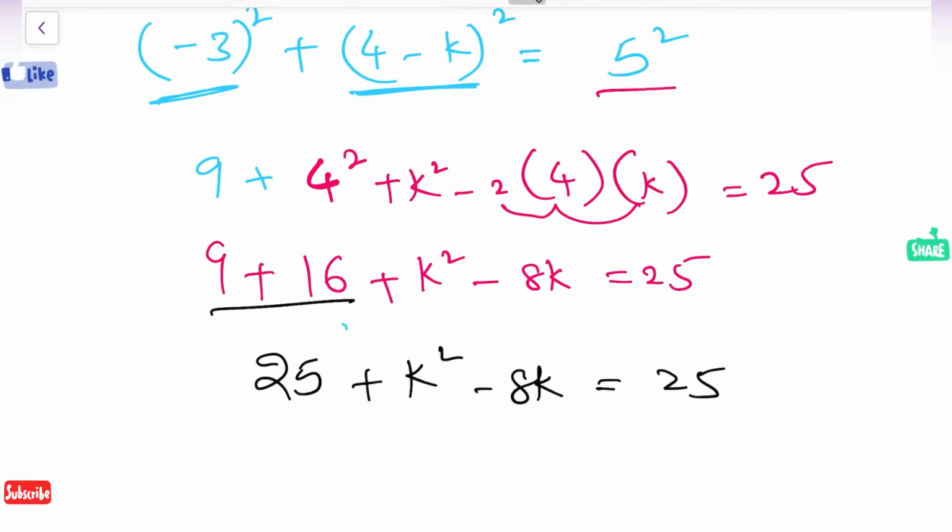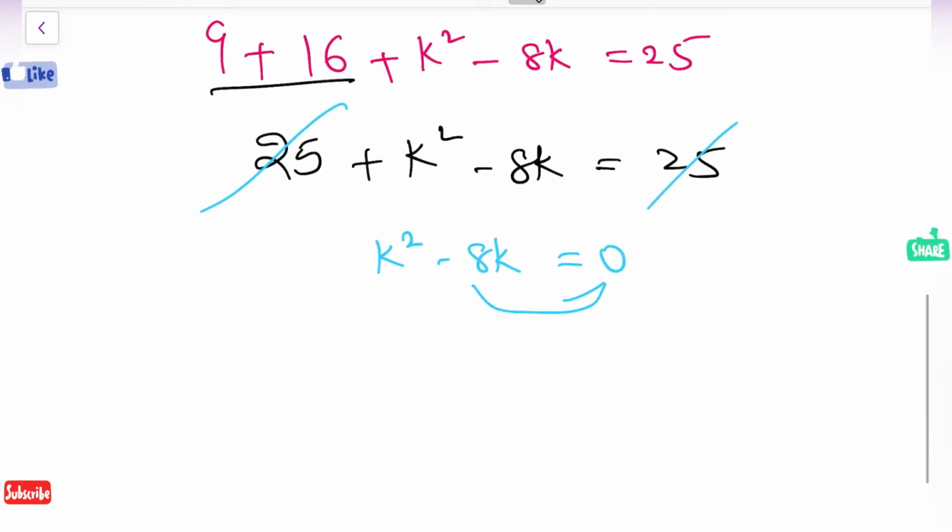We have left side 25, right side 25, both will get cancelled, so we remain with k square minus 8k equals to 0. Now this minus 8k I will take to the other side, then it will become plus 8k.